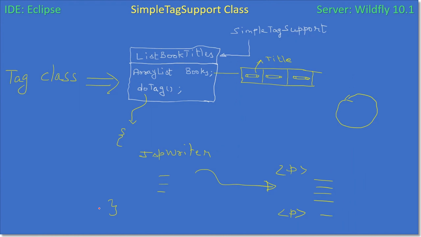So for this we need to know the SimpleTagSupport, and if you see, in the last video we created ListBookTitles, that's the Java class, to define our custom tag. So this one we talked about in our previous video, that means in part 1.